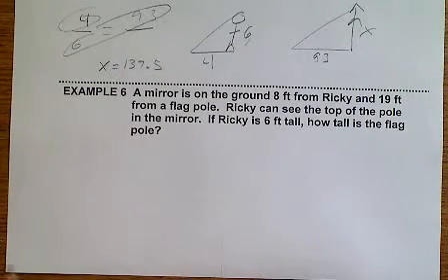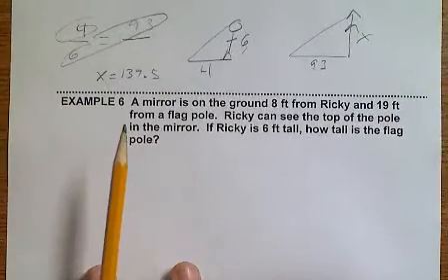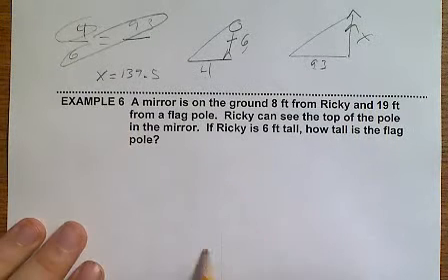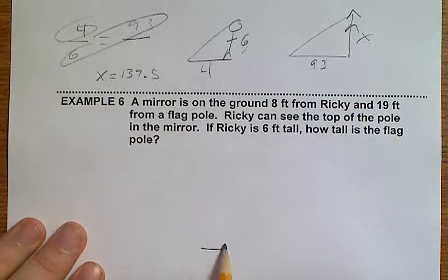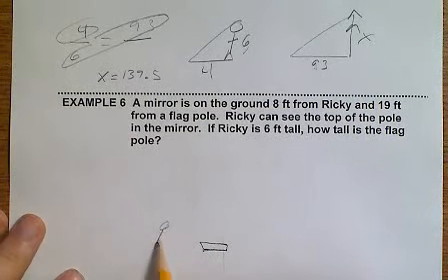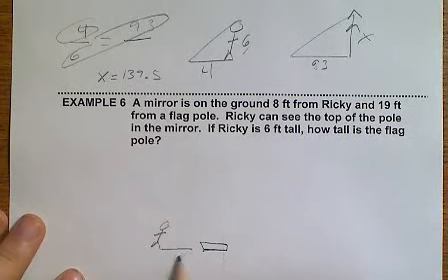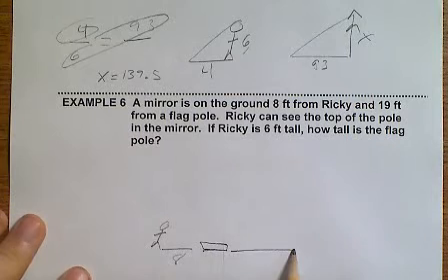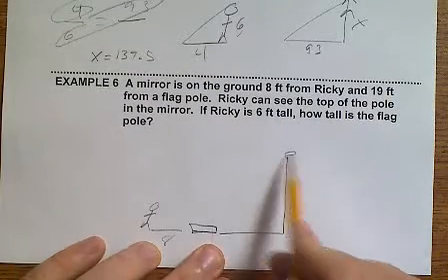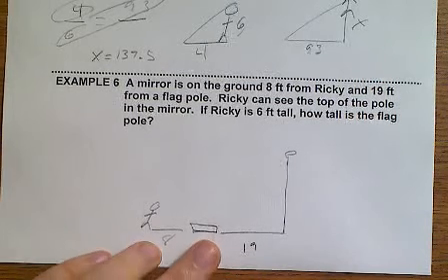Let's go ahead and take a look at example number 6. Here we've got a mirror. It's lying on the ground, and Ricky is 8 feet from it, and it's 19 feet from a flagpole.